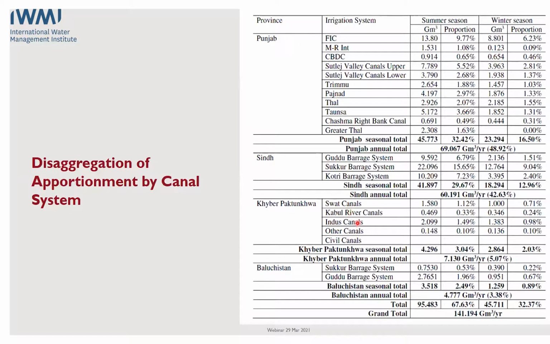There are 2 canals in Swat canals, Upper and Lower Swat, and there are Kabul River canals. There are 4 canals in the Kabul River canal system, which are Warsak Lift, Warsak Gravity, Warsak Left-Right Canal and Kabul River Canal. There are Indus Canal, Peru High Level, and Peru Main Canal. And there are some other canals like the Tanda Feeder Canal and the Lower Siran Canal.